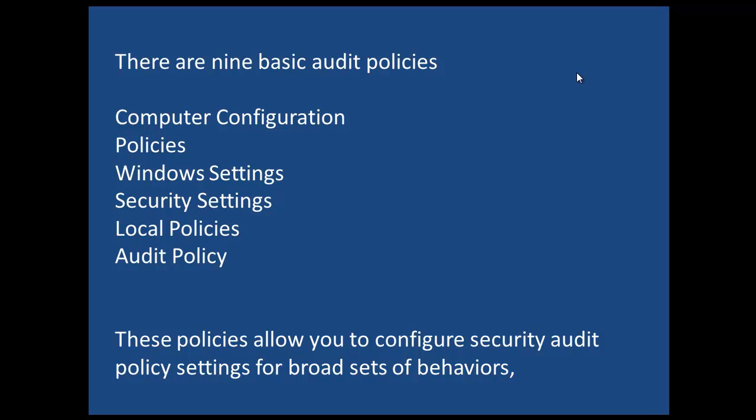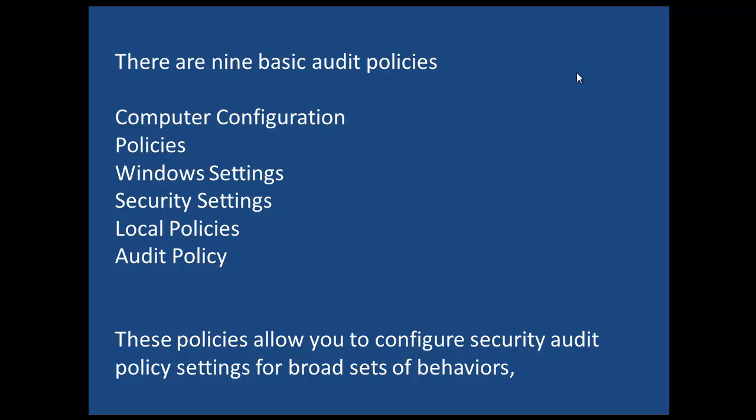These policies allow you to configure security audit policy settings for a broad set of behaviors. Once you record events, these events go into the security log, which is located in Event Viewer.